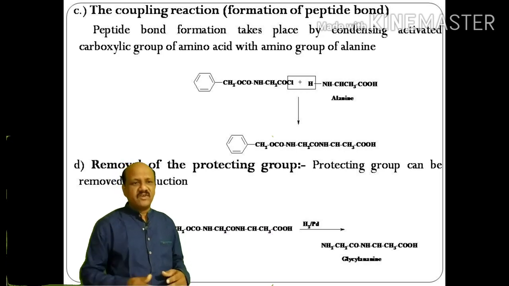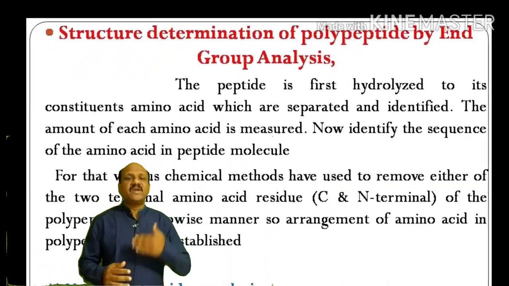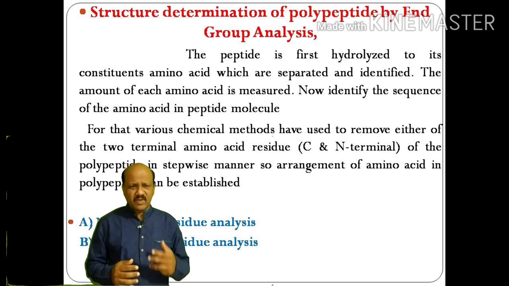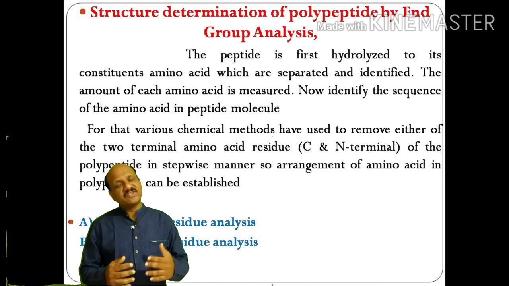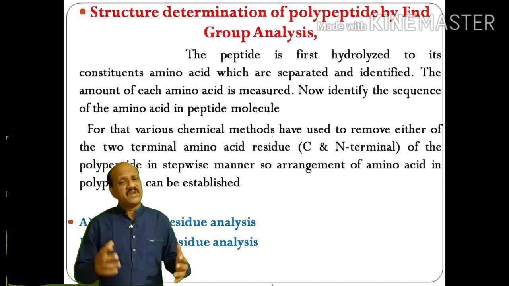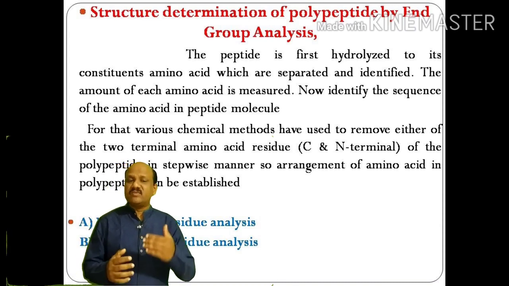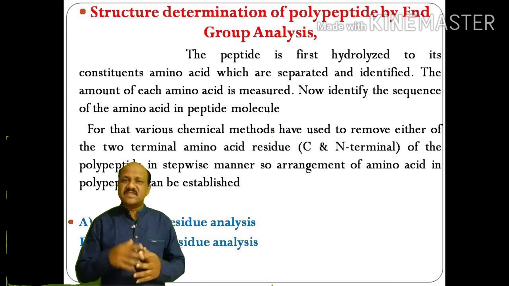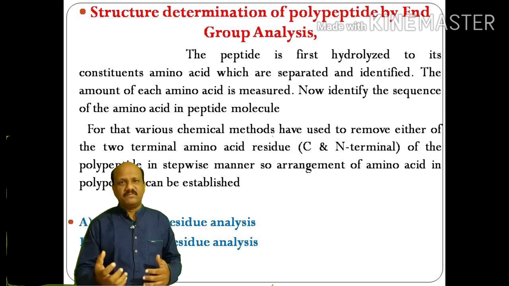Then we have seen the structural determination of polypeptide by end group analysis. What is end group analysis? The peptide is first hydrolyzed to its constituent amino acids, which are separated and identified. The amount of each amino acid is measured. Now, we identify the sequence of the amino acids in the peptide molecule.